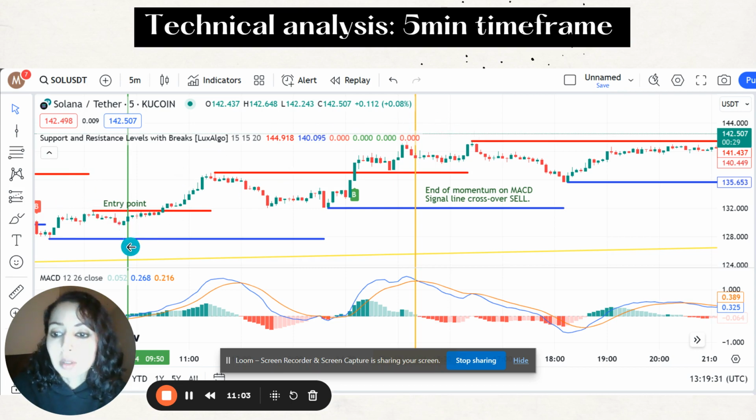I bought it at 122, remember? And then I sold it. Well, actually, let's just use the same currency. I bought it at 130 USDT, and then I would sell it at around 140 if I exit around here. So that's kind of a 10 euro difference.